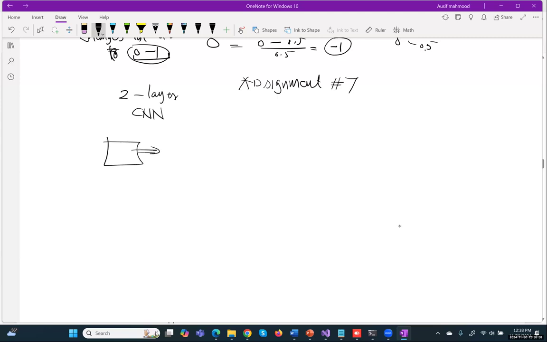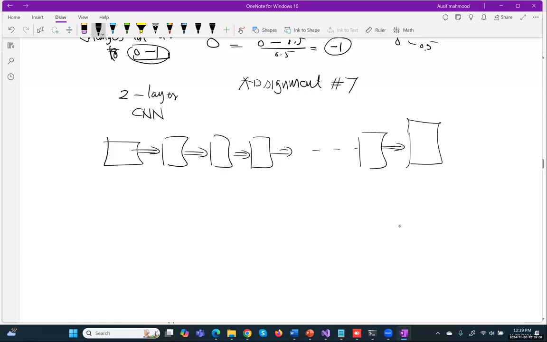So if we try to create many layers, the question is, will it do a better job? After many layers, we put a classifier. So we really create what we call a very deep network.